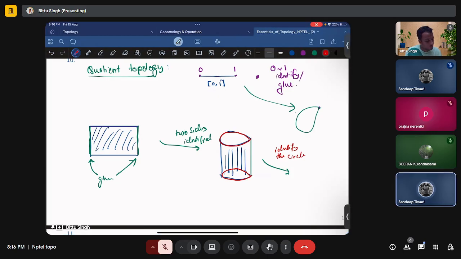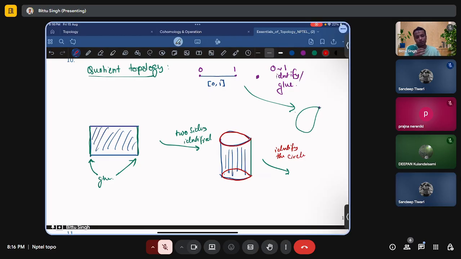It will now become a circle. This is a cylinder, okay, a hollow cylinder. Now you are identifying those circles. So deformation is allowed. You can just deform. It is hard to deform something like a sheet of paper, but you can think of it as rubber. Okay, this is a cylinder made of rubber.